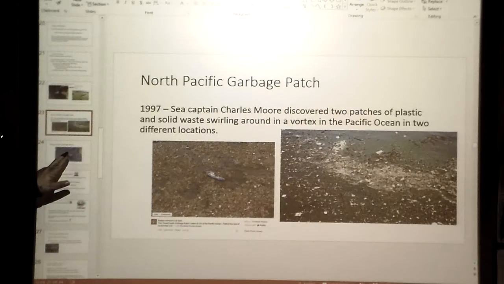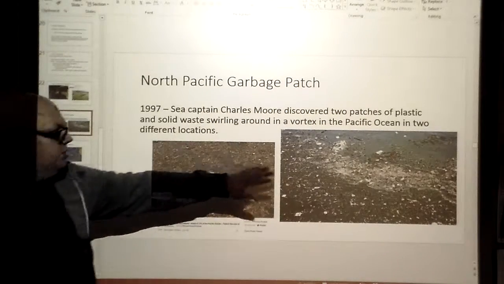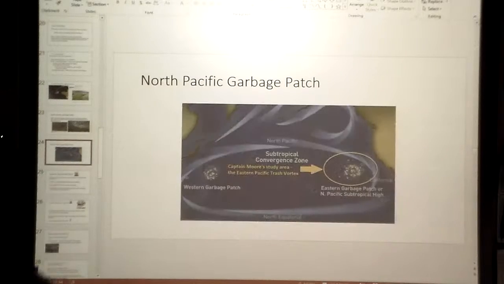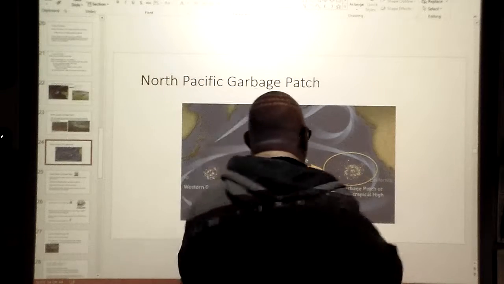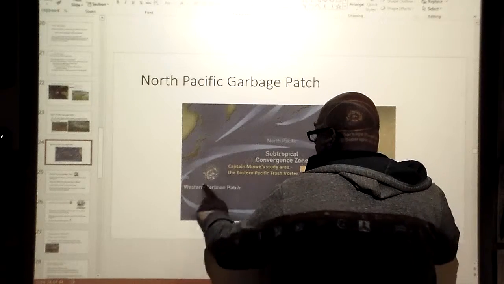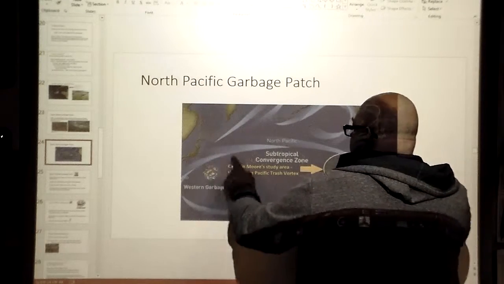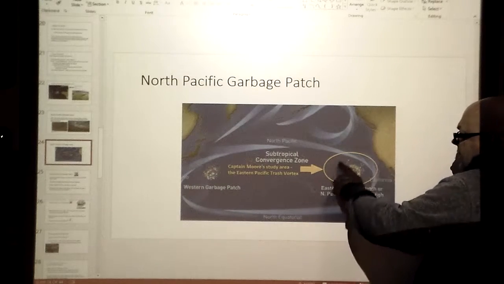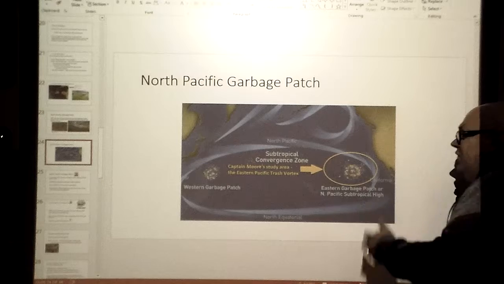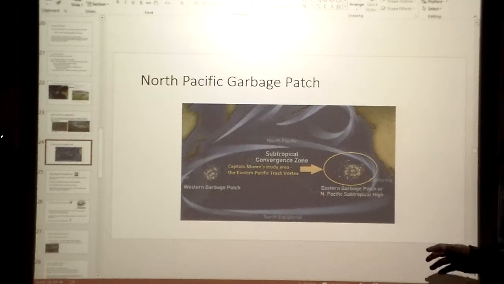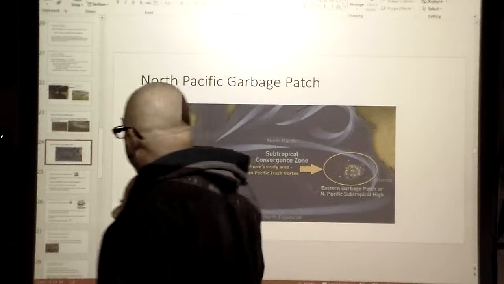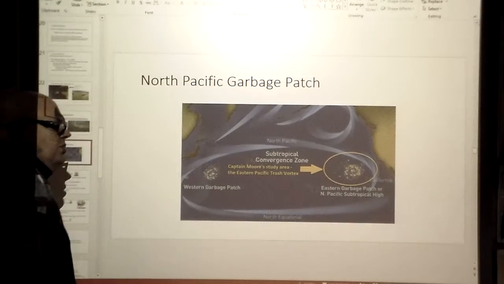And this is the actual pictures of these patches of garbage. There are two places, and the reason they're there is because of the currents. They're forming this vortex and spinning there. So you've got this spinning thing here, and it's pretty huge. This is not some little thing. This is garbage that everybody has thrown out. This is so not cool.